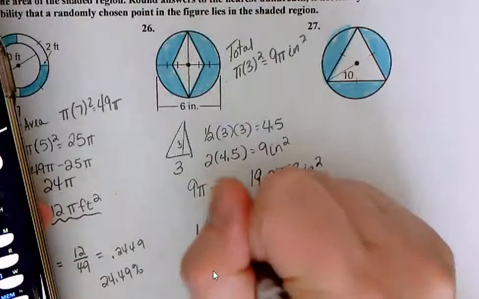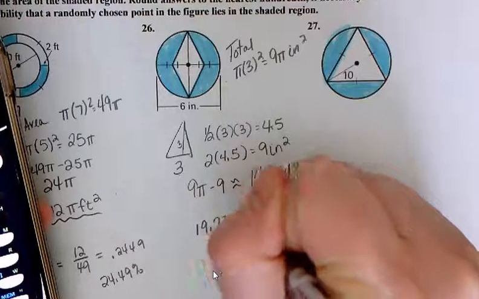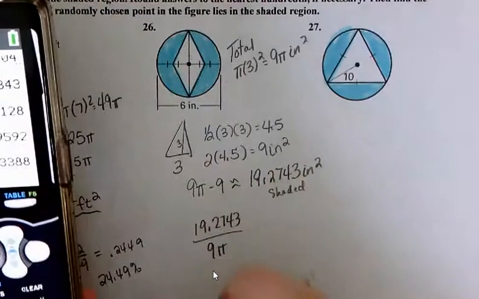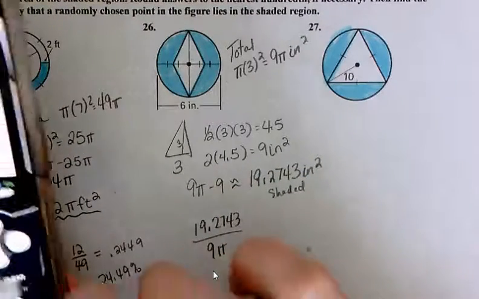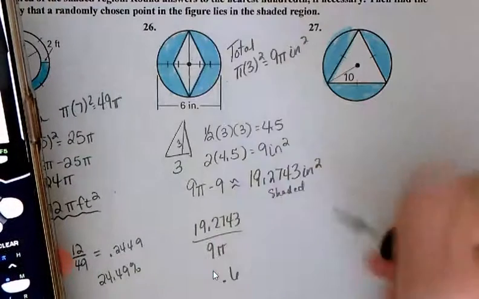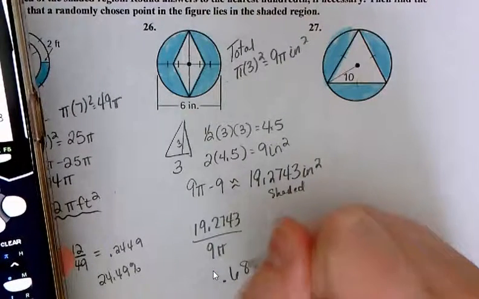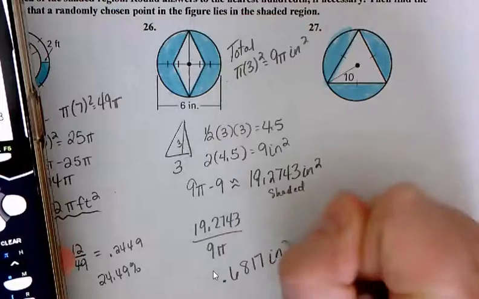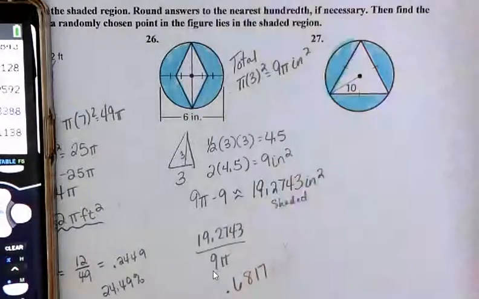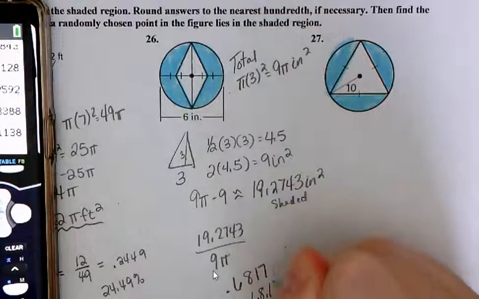So I'm going to take 19.2743 divided by 9 pi. That gives me 0.6817. Not inches squared, excuse me. 0.6817, which is 68.17%.